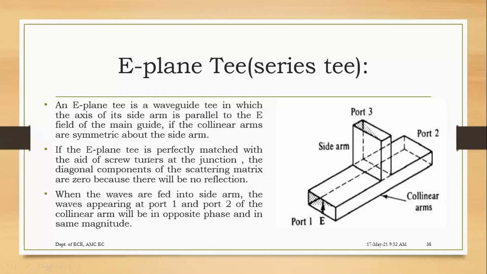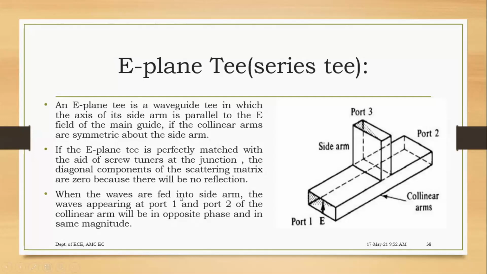Now, if the E-plane T is perfectly matched, the match condition will be done here. Inside your E-plane T there will be screw tuners, based on which they will match it properly so that the E-plane T will not give you any reflections. So the diagonal components of the scattering matrix are 0 because there is no reflection. This we'll study when we do the derivation.